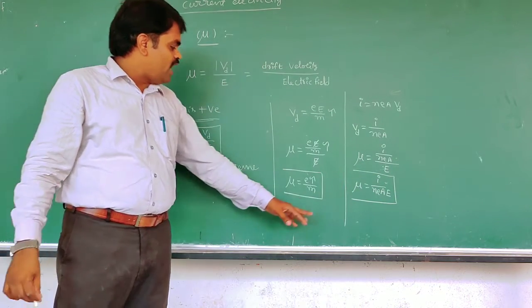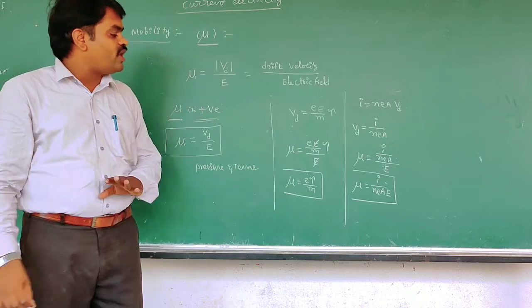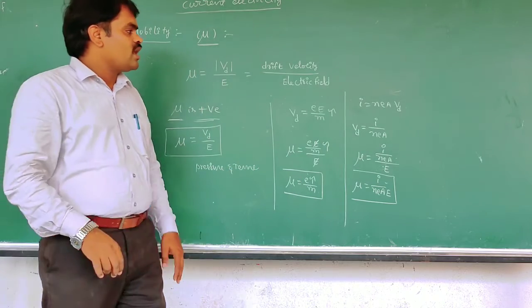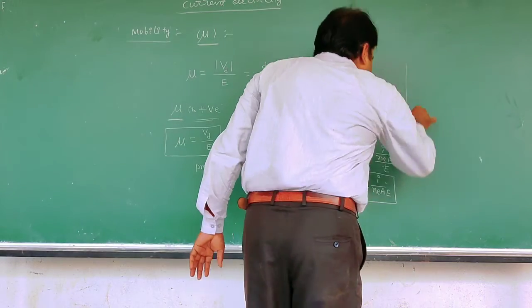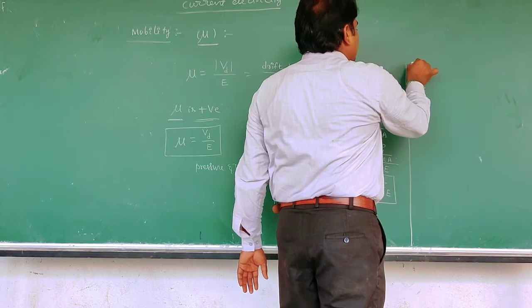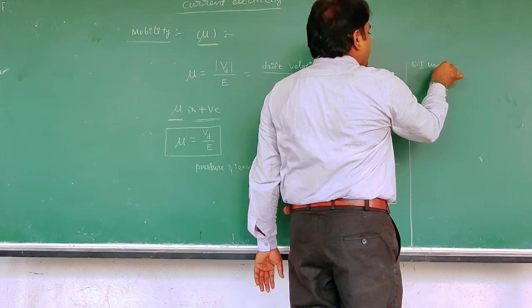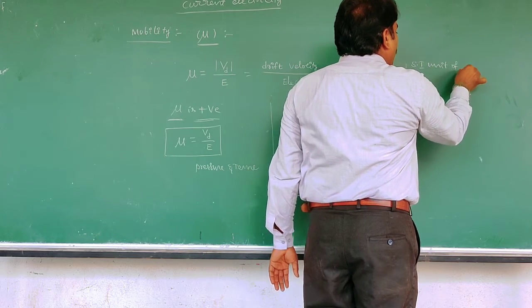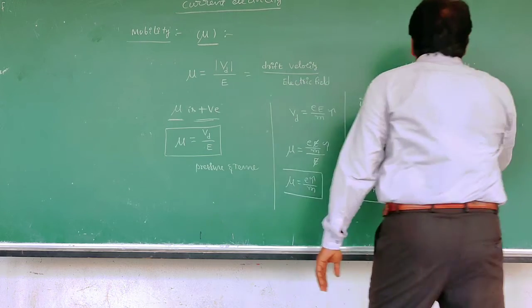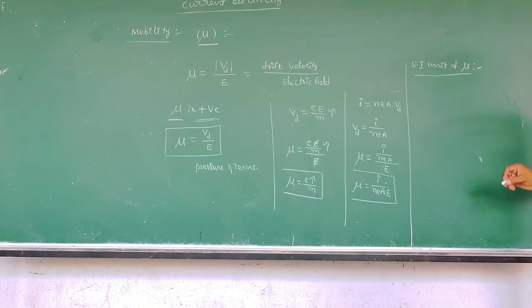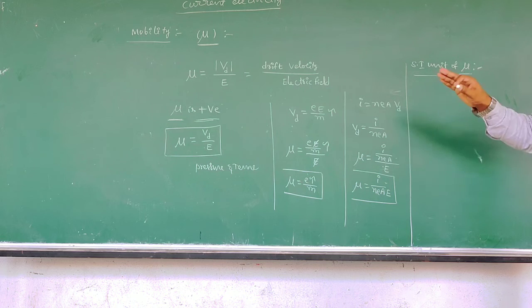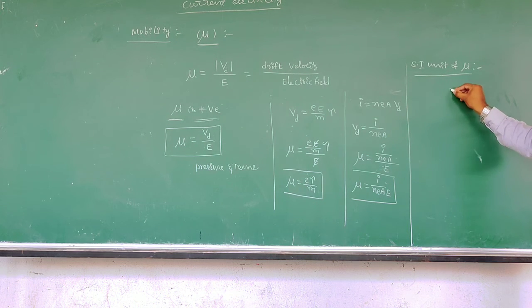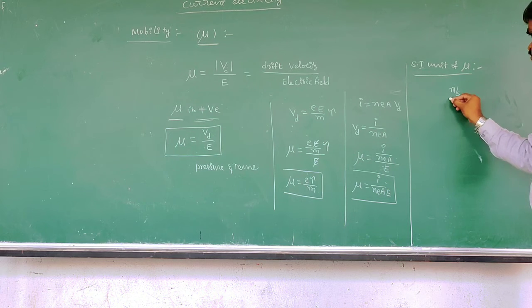In terms of electric field, in terms of relaxation time, and the units of mobility: the SI unit of mobility mu. The SI unit of drift velocity is meter per second.